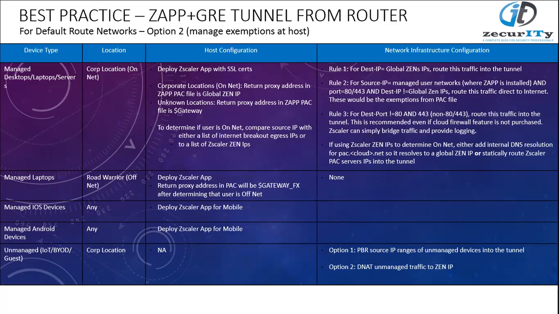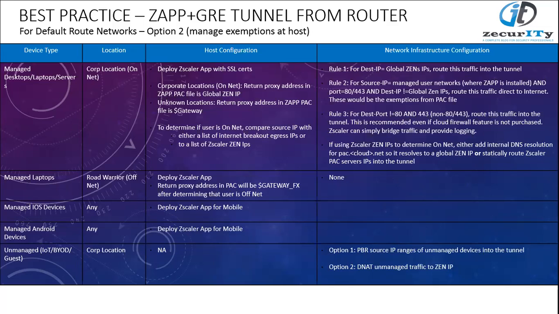Deploy the Zscaler app with SSL. For corporate locations, use variables to forward the traffic to the global ZEN in the Zscaler PAC file. For unknown locations, return the proxy address in the Zscaler PAC file as $gateway, or $gateway country gateway, or $gateway_fx.